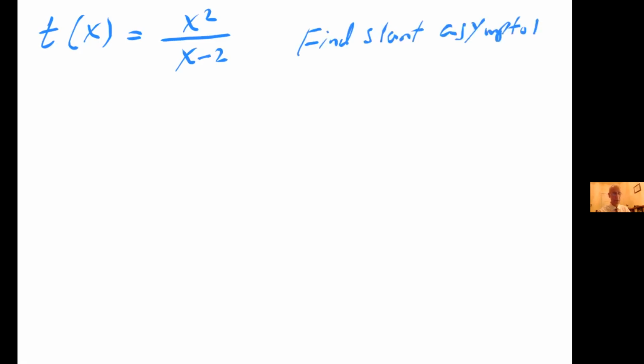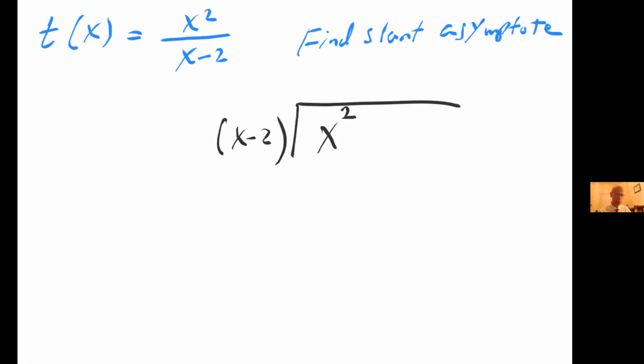Well, this one does have a slant asymptote because the degree of the top is higher by 1. So let's do the long division. I have x squared divided by x minus 2. Remember that here I should put x squared plus 0x.